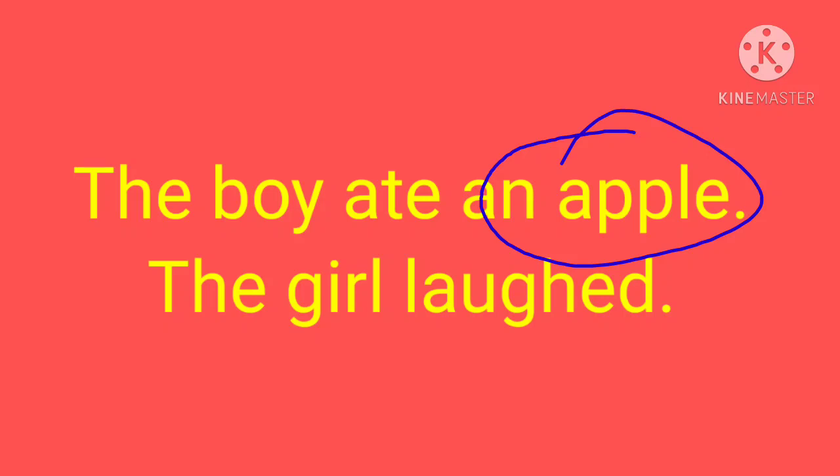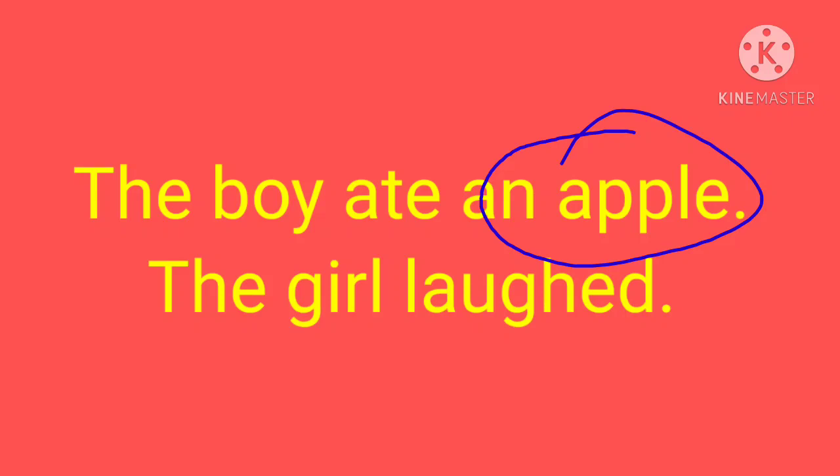It gives complete sense. So such a verb is called an intransitive verb. So dear students, it is clear that a transitive verb requires an object to make complete sense. On the other hand, an intransitive verb does not require any object to make complete sense.